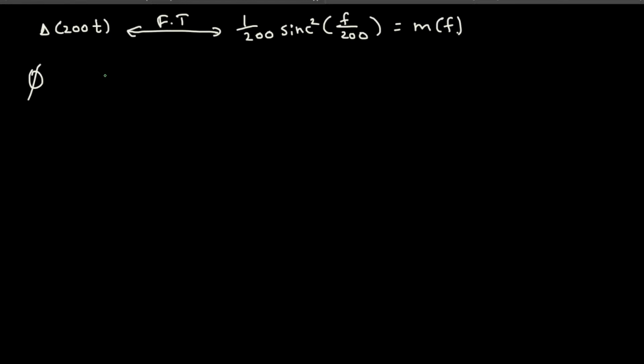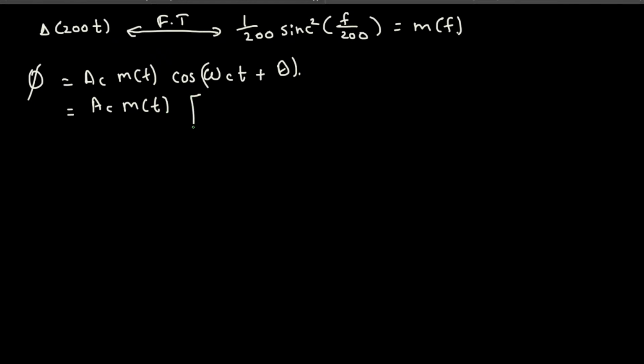So phi of t is equal to AC m of t cos(omega ct plus theta).